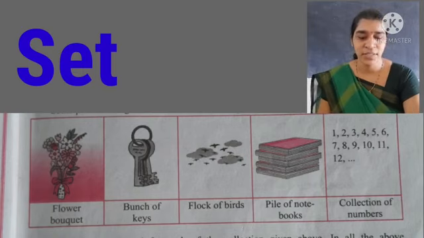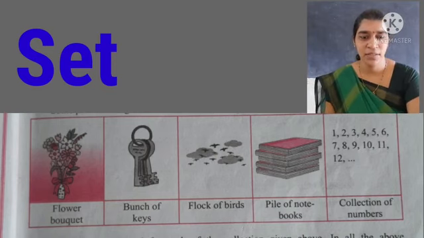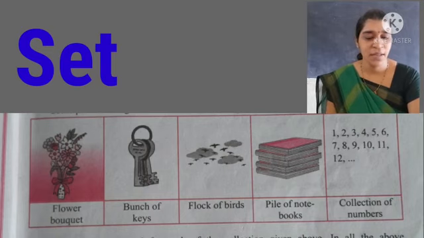See students, first we will see this picture. Here I have shown you pictures: some flower buckets, a bunch of kids, a flock of birds, piles of notebooks and a collection of numbers.